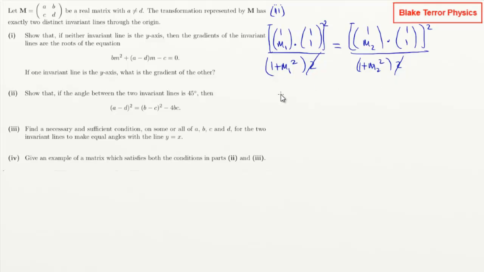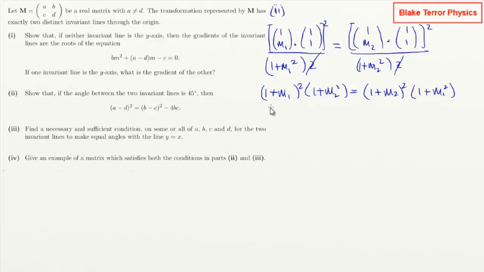That's great. And I'm going to be cross multiplying a lot of things here. So I'm going to have (1 plus m1) squared times (1 plus m2 squared), but the squareds are in a different place, even though I said it in the same way, is going to be (1 plus m2) all squared times (1 plus m1 squared). Right, so I've got that. I suppose I've just got to expand out and see what cancels.